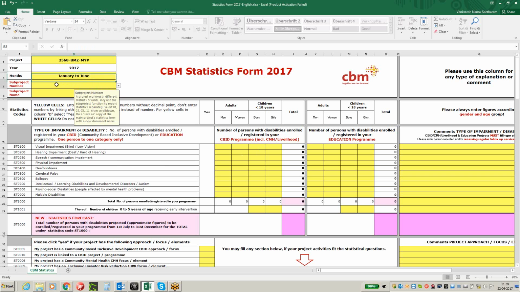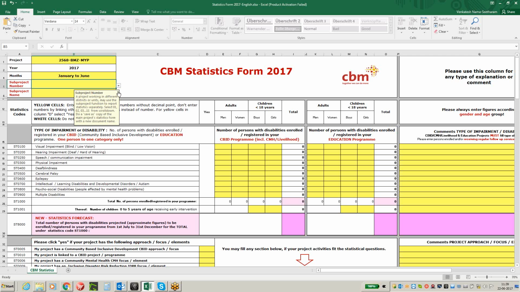The sub-project number and sub-project name are for the convenience of the partner. For example, if project 2568 BMZ MYP is working in three different districts, A, B and C, they need not sit and consolidate the statistics.